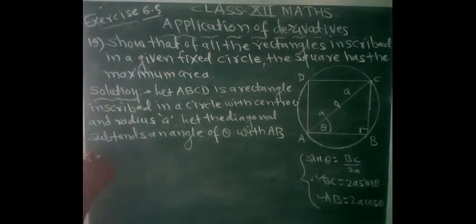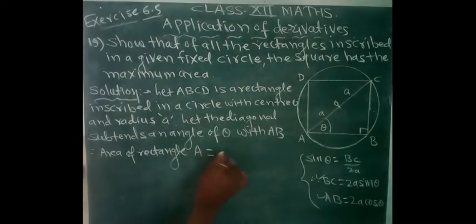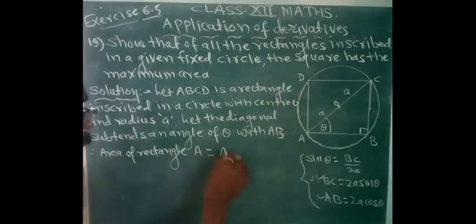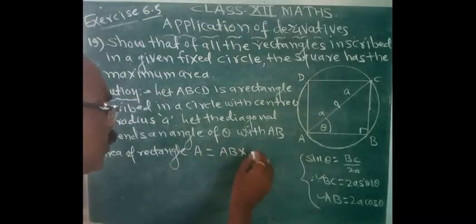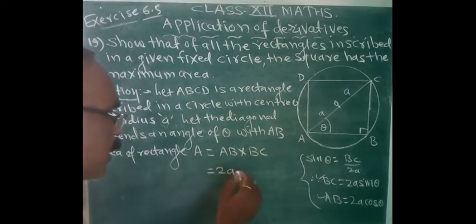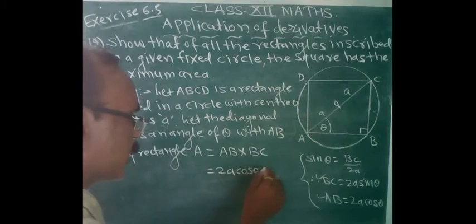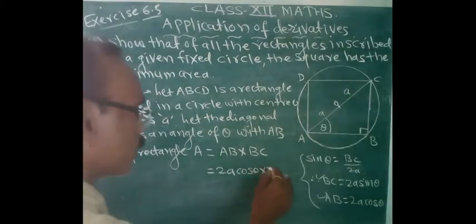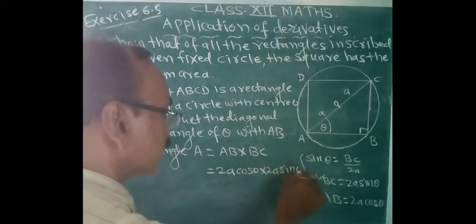Therefore, area of rectangle, I am denoting this area by capital A, length into breadth, that is AB into BC. Now what is AB? AB is 2a cos theta into BC is 2a sin theta.